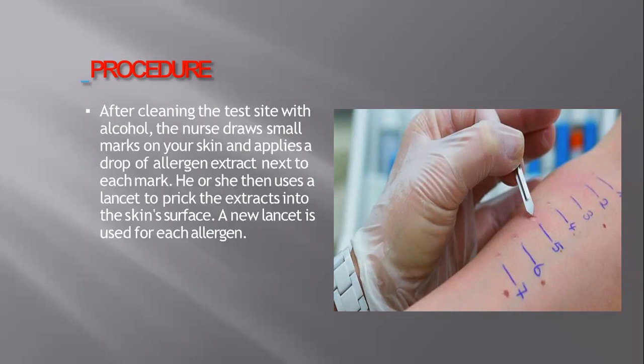After drawing these marks, the nurse applies a drop of allergic extract of different substances. For example, in place 1, I am placing a food allergy item. In place 2, feathers. In place 3, some other allergic item. In place 4, animal allergic items.